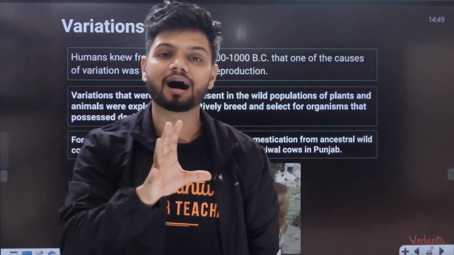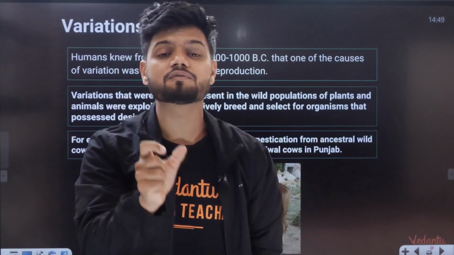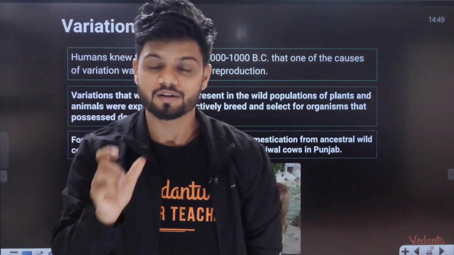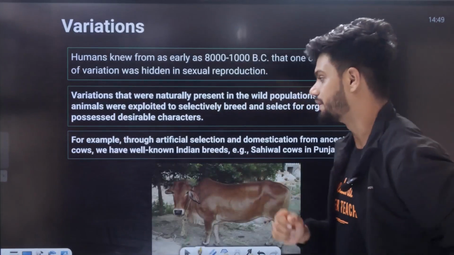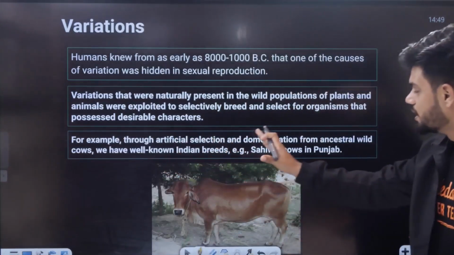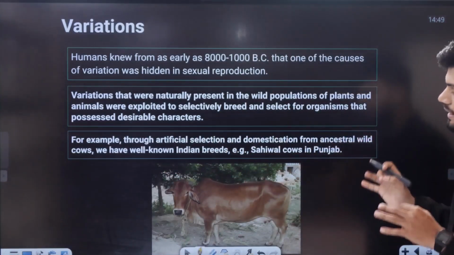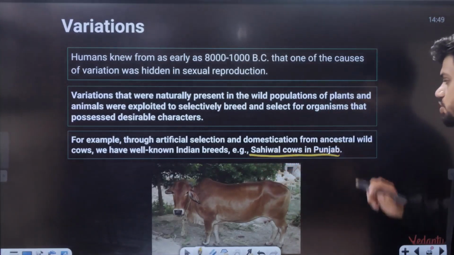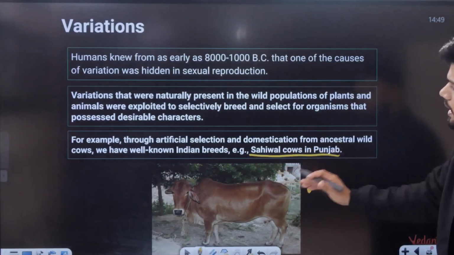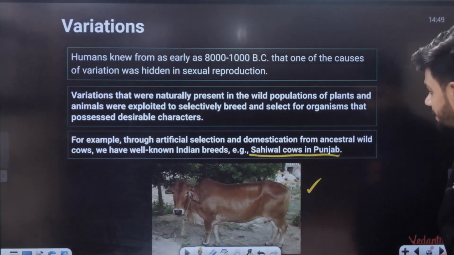That is called artificial selection or artificial hybridization. We humans do all this. One example is given in NCERT: through artificial selection and domestication of ancestral wild cows, we have the well-known Indian breed, Sahiwal cows in Punjab. Sahiwal cows in Punjab are a product of variation and inheritance.